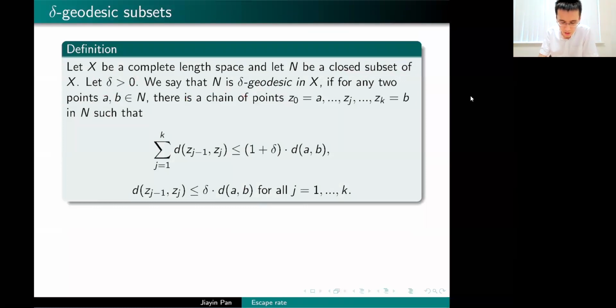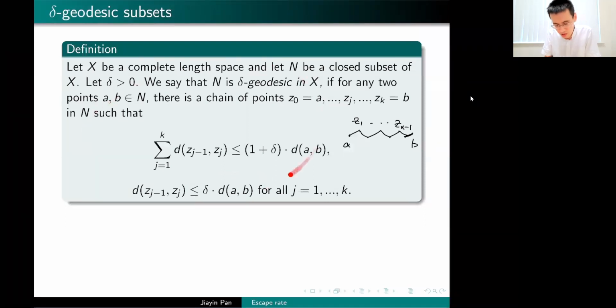We say that N is delta-geodesic if for any points A, B, we can find a chain of points in between, so that if you go along this chain, the total distance is very close to the distance between A and B, and each adjacent pair of points in this chain has distance at most delta times d(A,B).